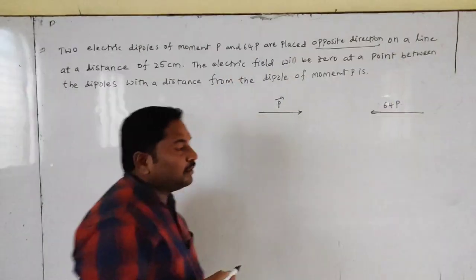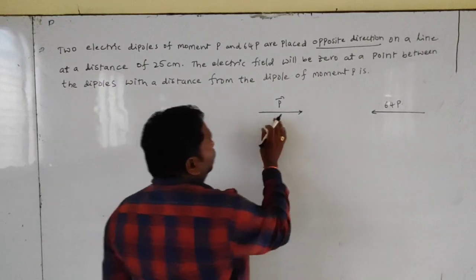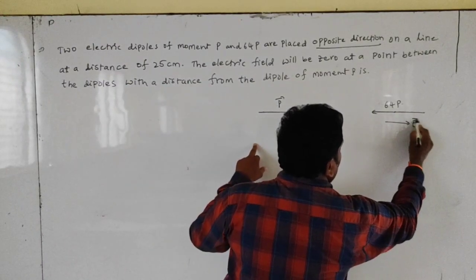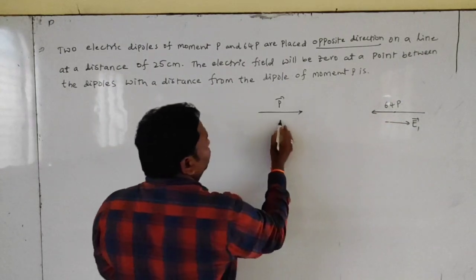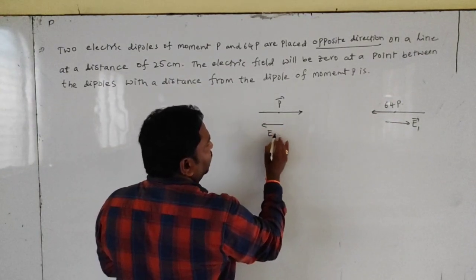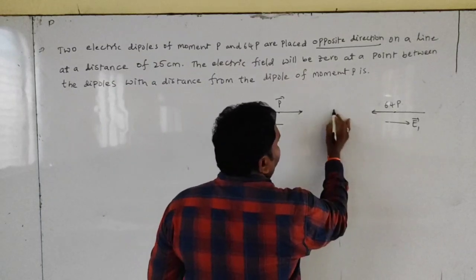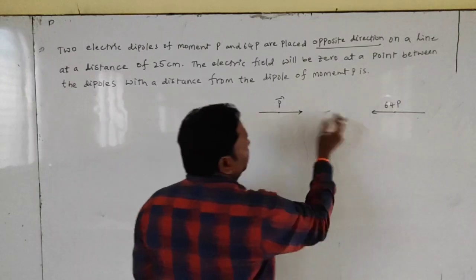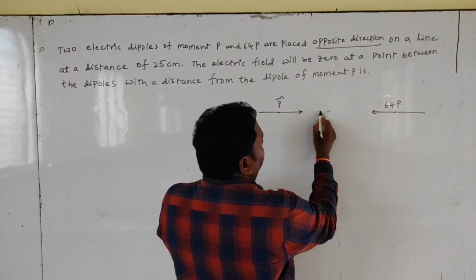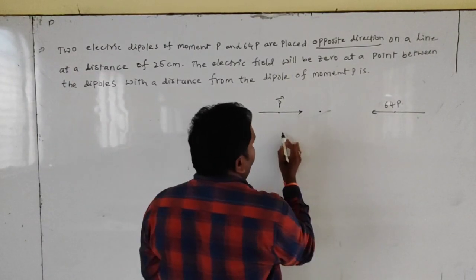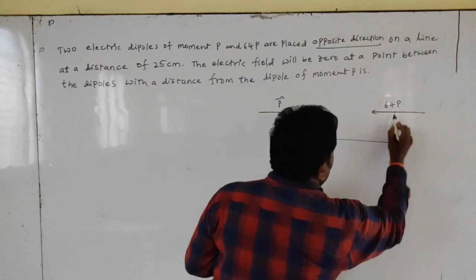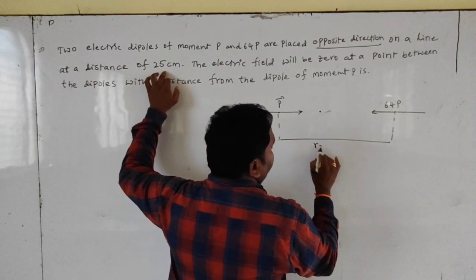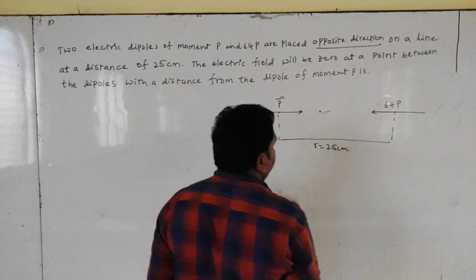Both are in opposite directions. So the field due to this one is in this direction, E1, and the field due to the other is in this direction, E2. That means somewhere between them the net electric field is 0, and center to center, r equals 25 centimeters.